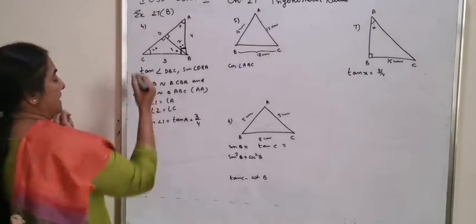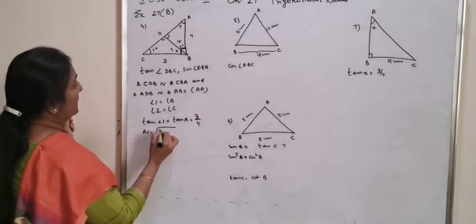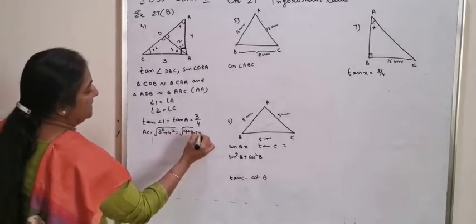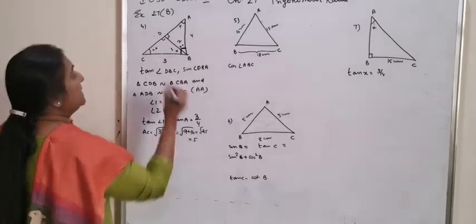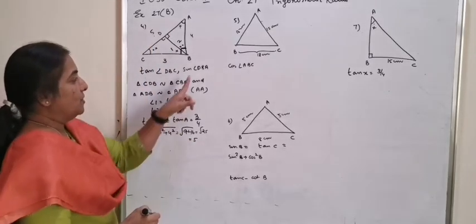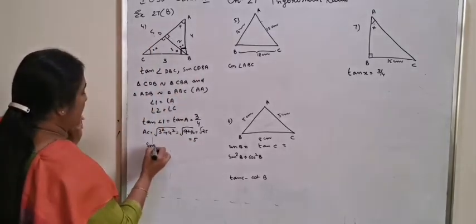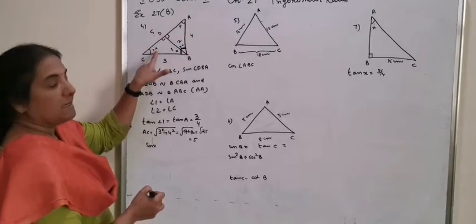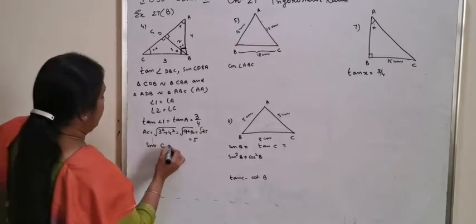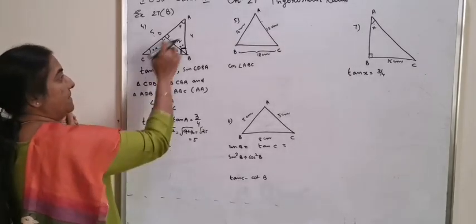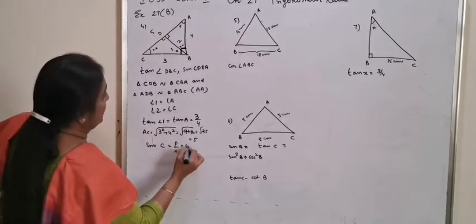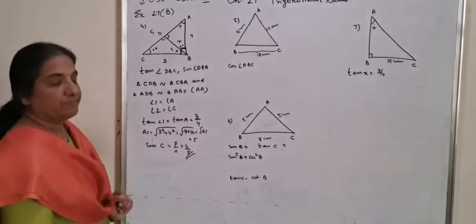And now the length of AC has to be found out as square root of 3 square plus 4 square, 9 plus 16, which is root 25, equal to 5. So what will be the value of sine DBA? Angle DBA is 2. Angle 2 is related with angle C. Sine C is the perpendicular by hypotenuse, which is equal to 4 by 5.